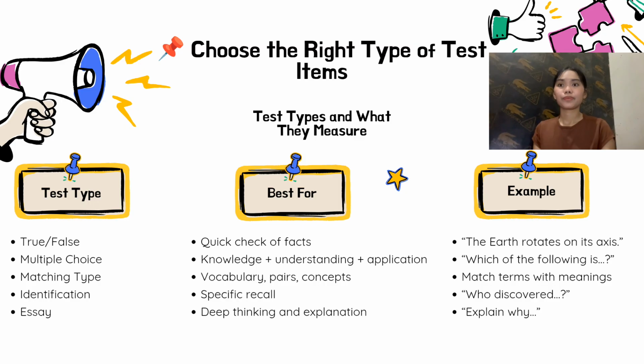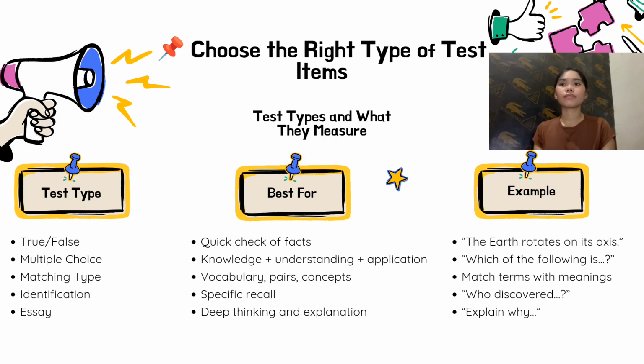And the third one naman is matching type. Best siya for vocabulary, pairs, and concept. For example, match terms with meanings. Kung familiar ka na sa salita na to, mas madali mo siyang masasagutan since ipa-prepare mo lang naman yung meaning and the questions.